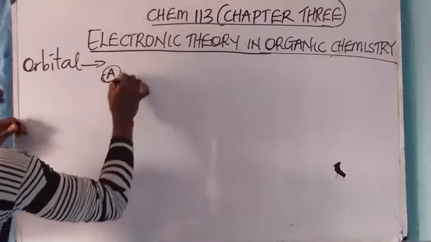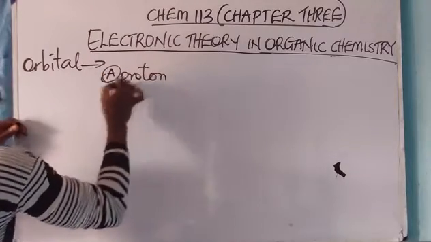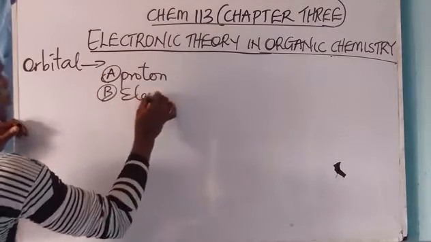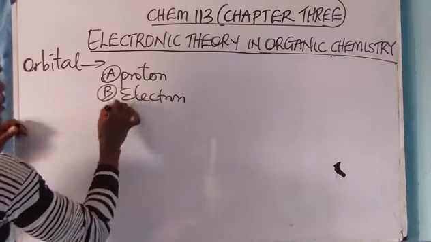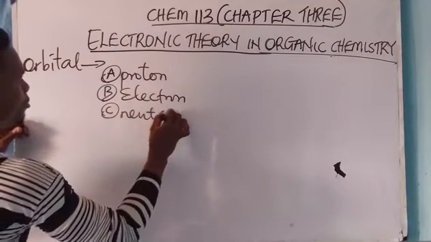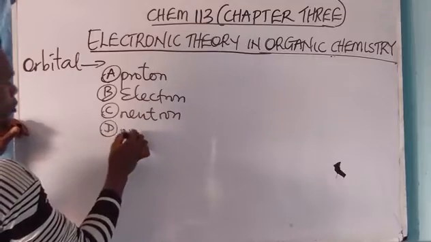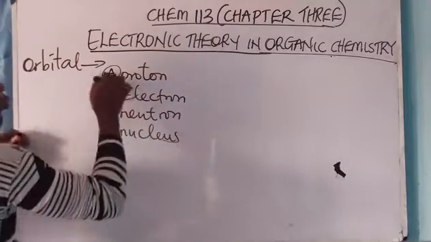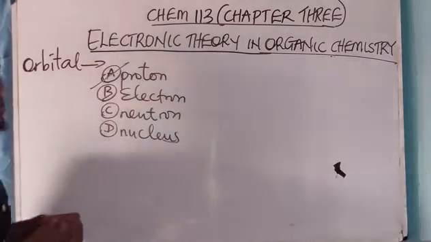A, proton. B, electron. C, neutron. D, nucleus. The answer is what? Proton. The answer is proton.